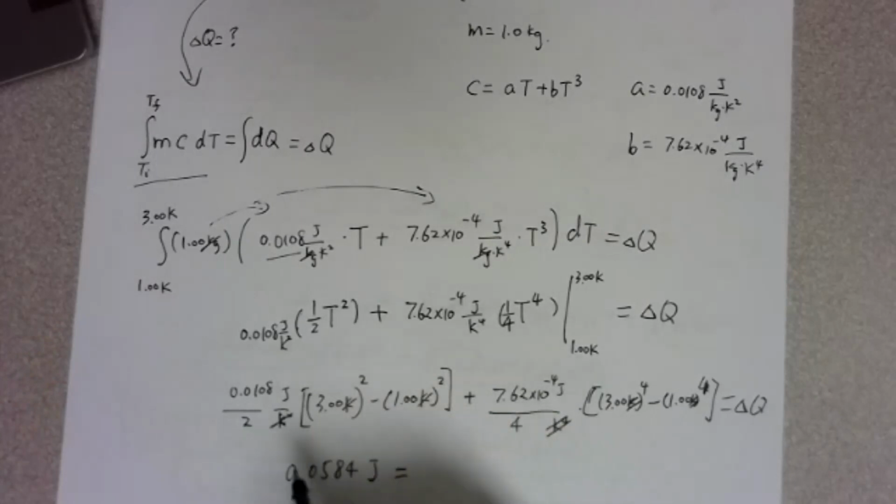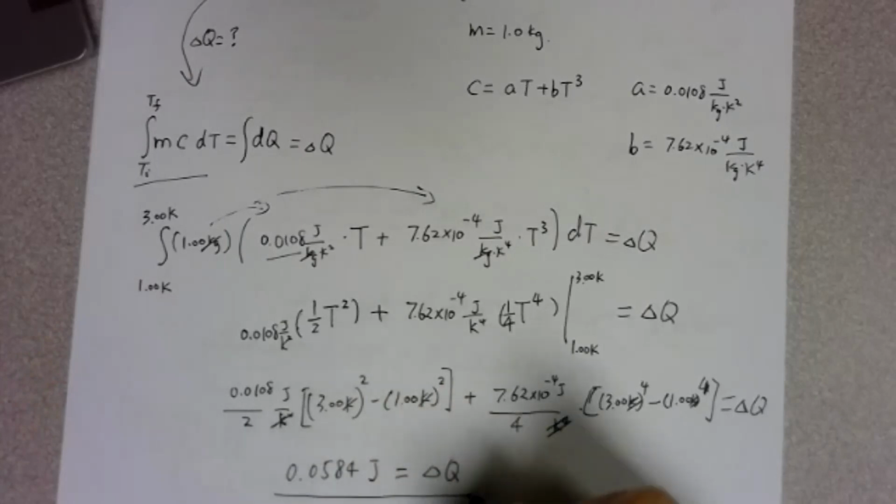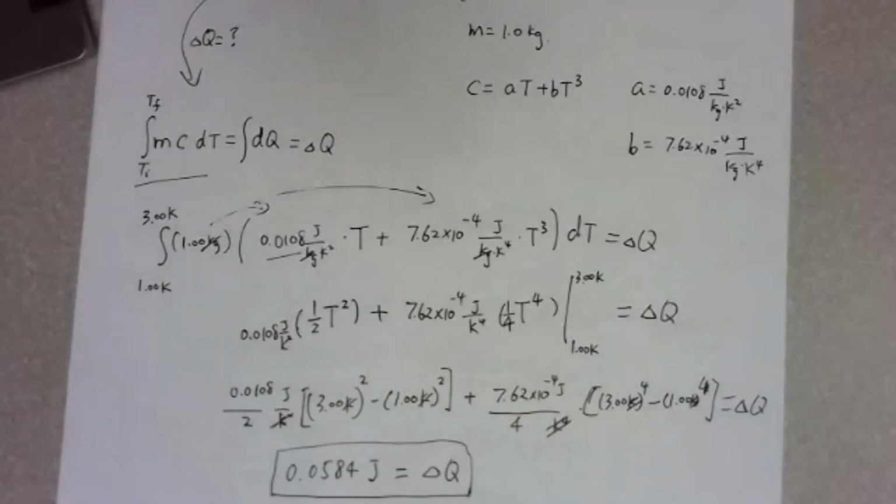We cancel out everything else, but joules remain. So the heat added to the metal during this process is about 0.0584 joules, a small number, because the change of temperature is not big, just about 2 Kelvins or 2 degrees Celsius.